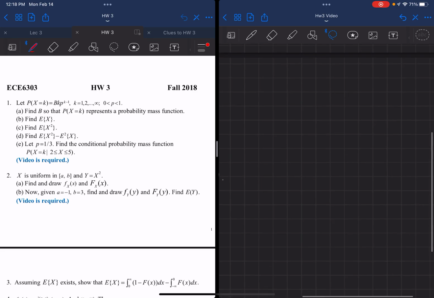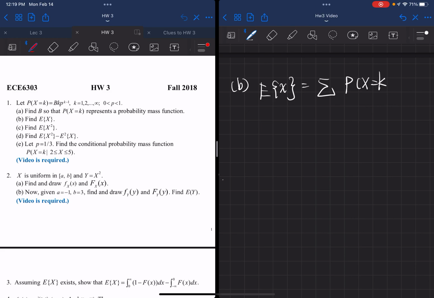And for problem B, we need to calculate the expected value of X. So we have the formula of expected value equals the summation of P(X equal to k) times k, where k is from 0 to infinity.